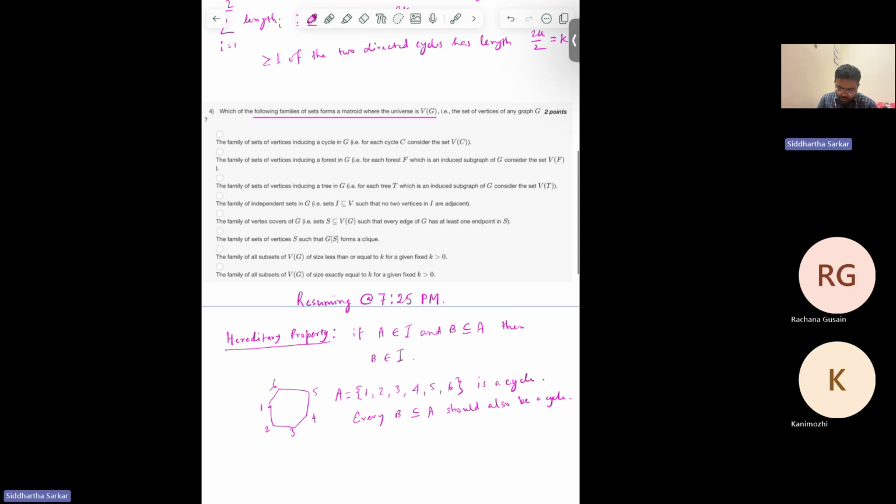For example, if I remove 1 and this edge is not there between 2 and 6, then 2, 3, 4, 5, and 6 doesn't form a cycle. So therefore, the hereditary property is not holding. So therefore, this family of sets of vertices inducing a cycle in G is not a matroid. Okay. So is this clear?